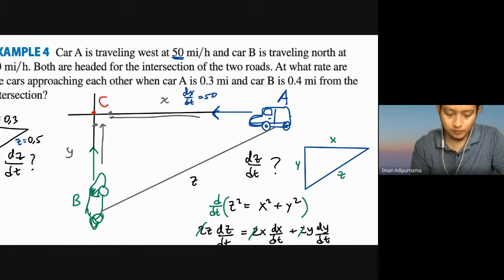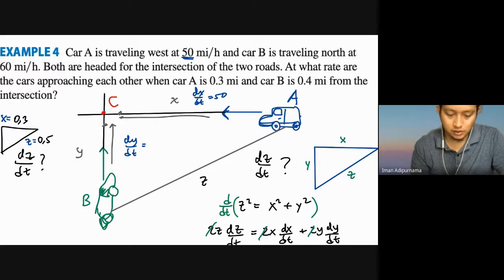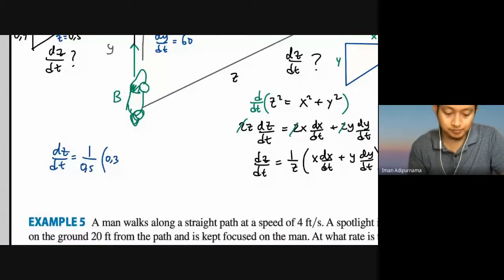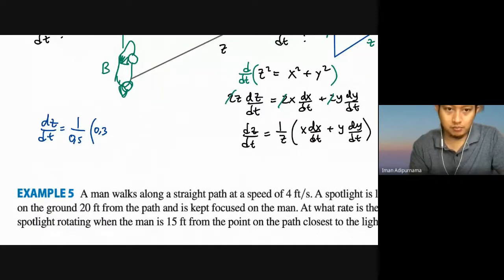This is 50, dy/dt is 60, and in my preference, because the distance x is decreasing and distance y is also decreasing, for both dx/dt and dy/dt I will put negative on it. Okay, so I will put the negative.